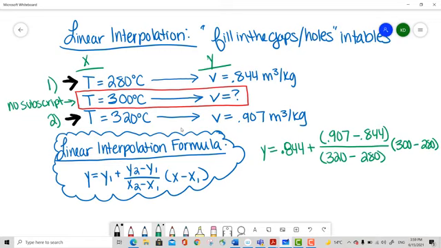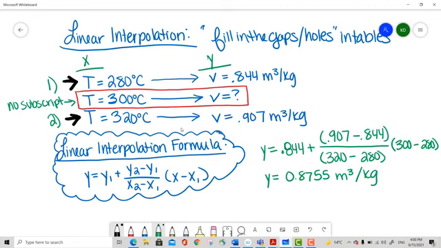What you end up with is y equals 0.8755 meters cubed per kilogram.